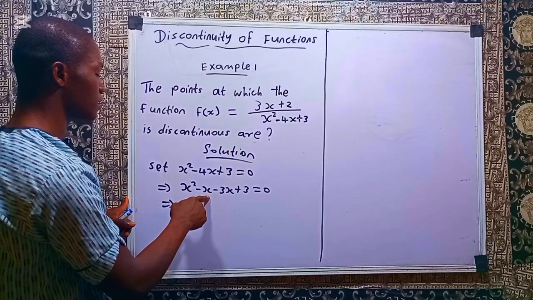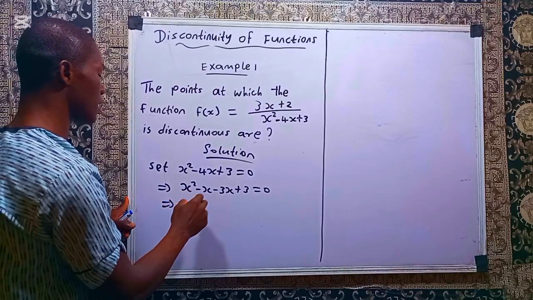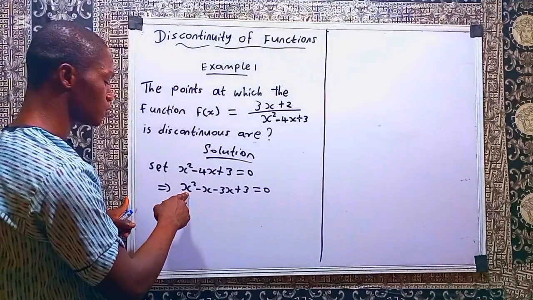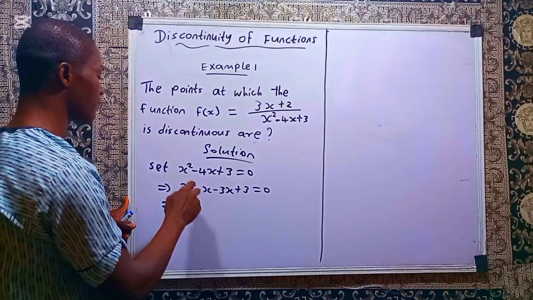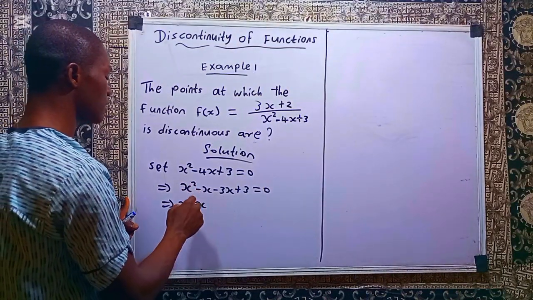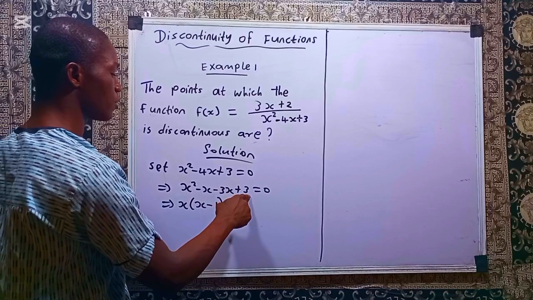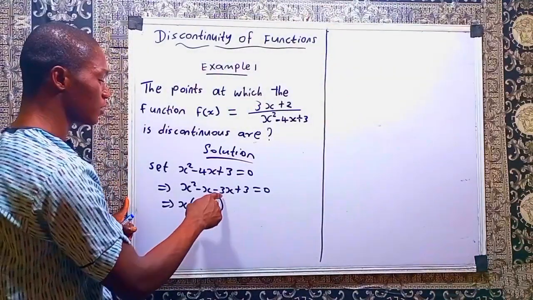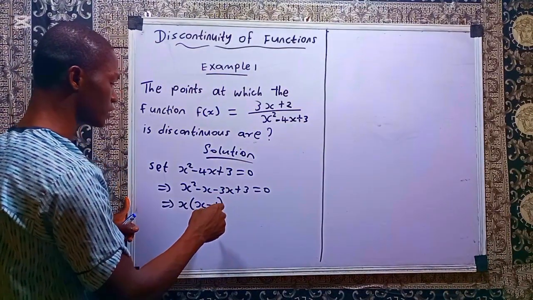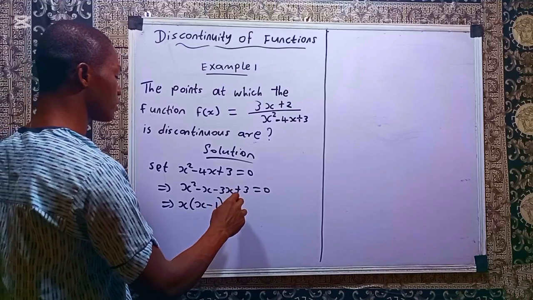Then what is common here is x. We can factorize x out of these two terms. So x divided into x squared, we have x, then minus x divided by x, we have minus 1. Then here, what is common is minus 3, so we factorize minus 3.